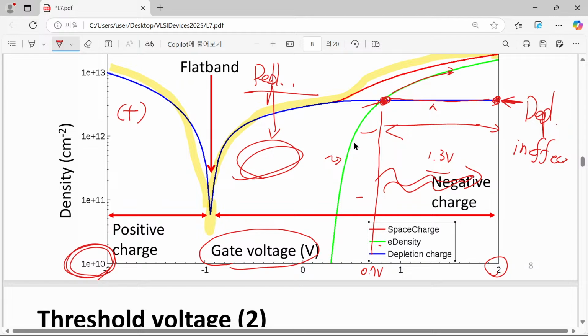So there is no room for our depletion charge or depletion mechanism to play. So that's the reason why it is almost flattened here, and almost all of the contribution comes from these electrons.